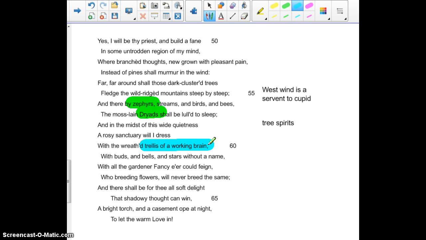This is a super important line because a trellis is something that is structured. It's structuring a vine that's meant to be free and grow as it wishes. And the brain is something that has structure, and it's rational, and there's no love moved in.